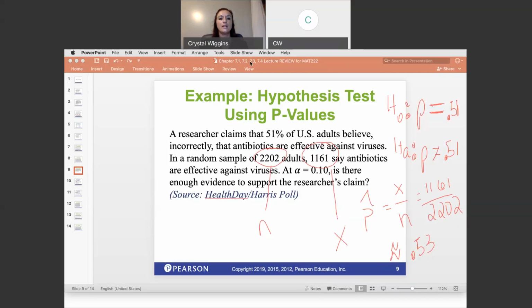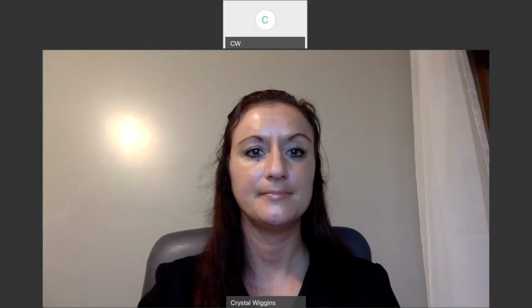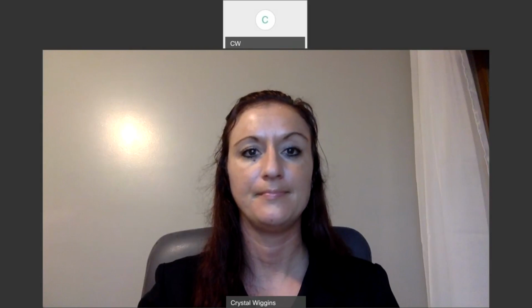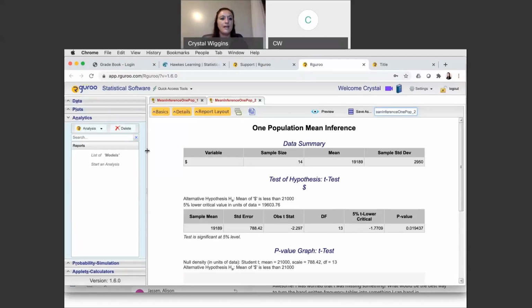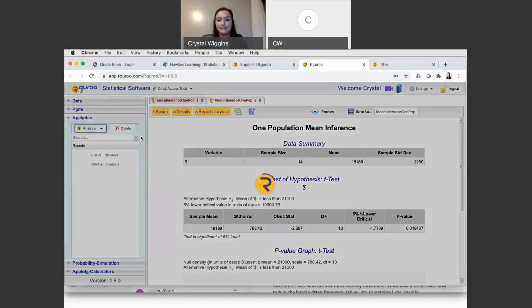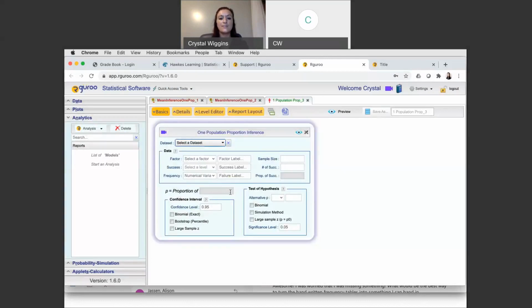Let's flip back to our guru and do a proportions one. Here we go. Again, under analytics, under analysis, this time select proportion inference for one population. Now, for proportions, I am going to have to fill out a little bit more.